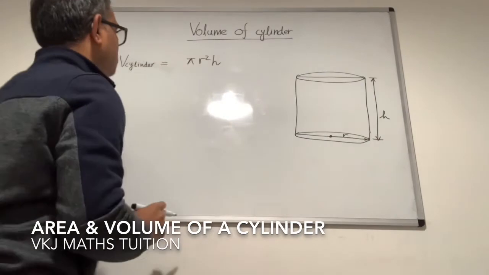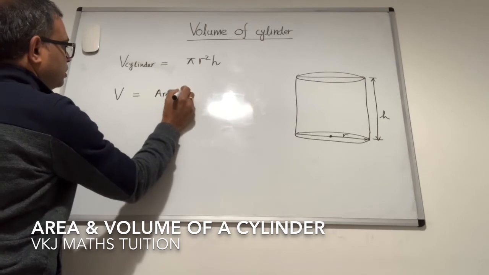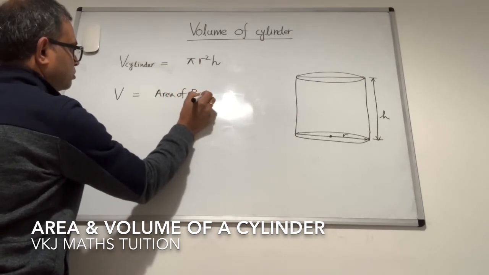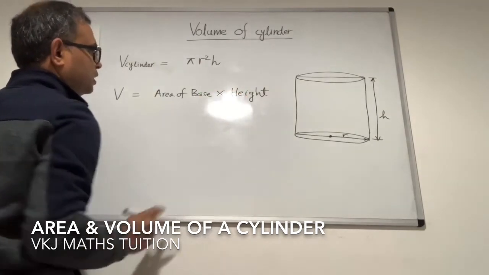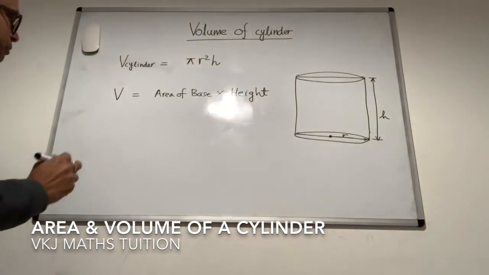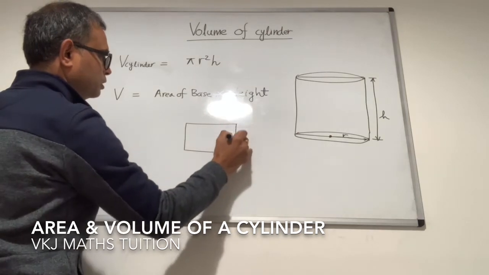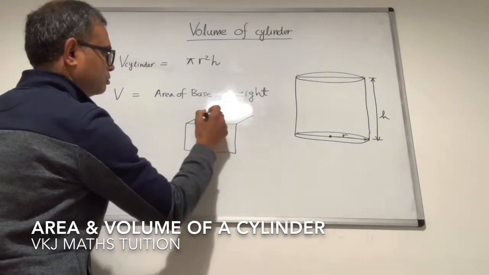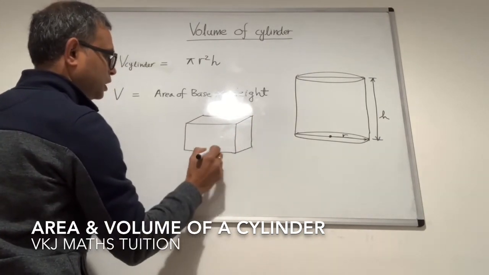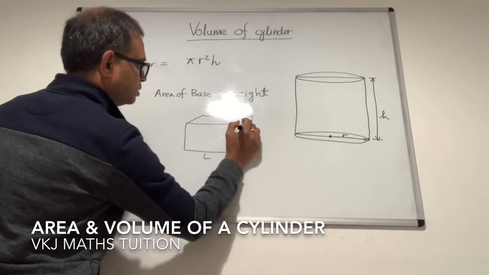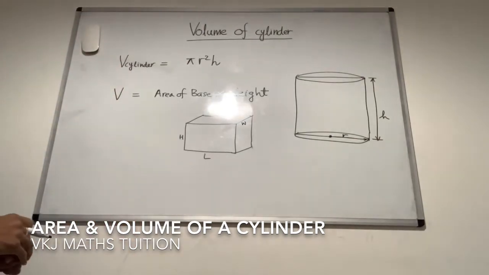So volume, for any regular shape, is the area of its base into height. Think about a cuboid with length, width, and height. What is the volume of this cuboid?